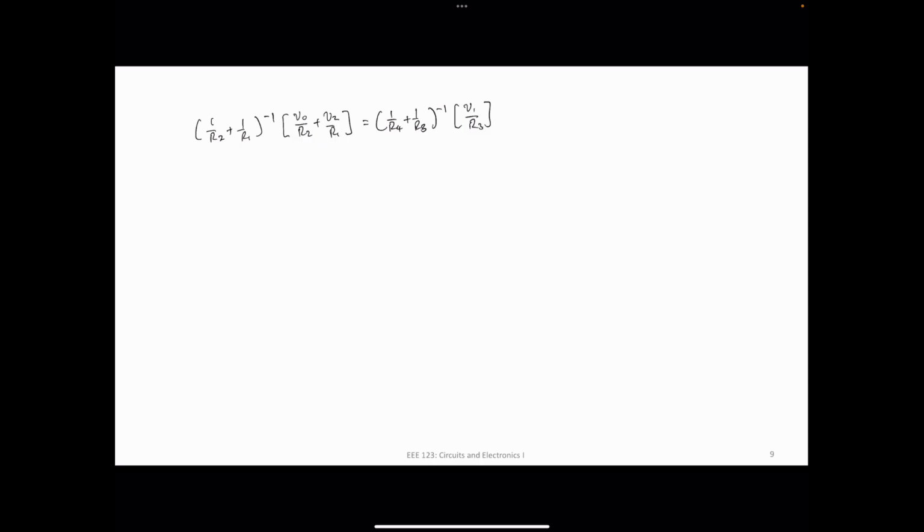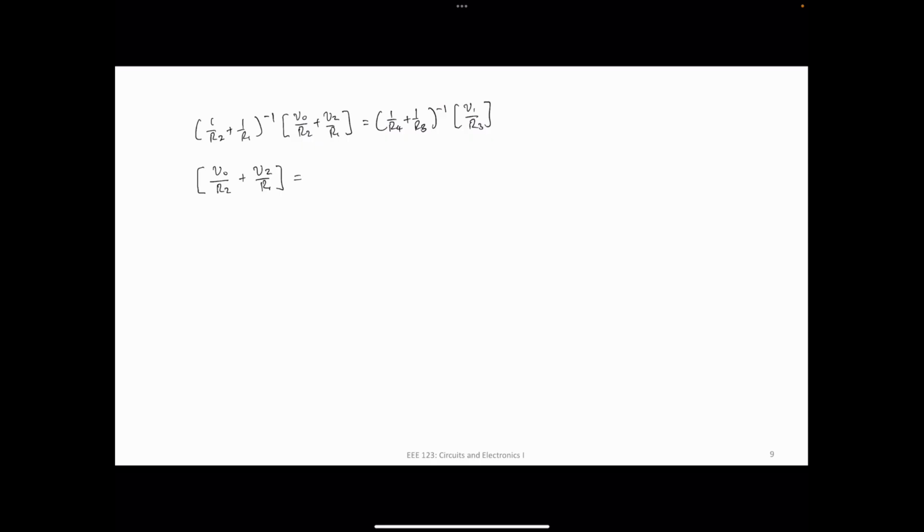So again, let's do this step by step. I have V sub O over R2 plus V sub 2 over R1. I now transfer this to the other side. Let's get rid of the negative exponent.